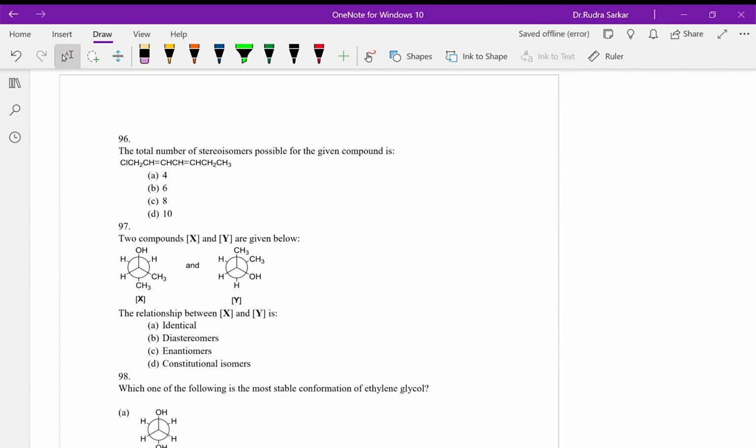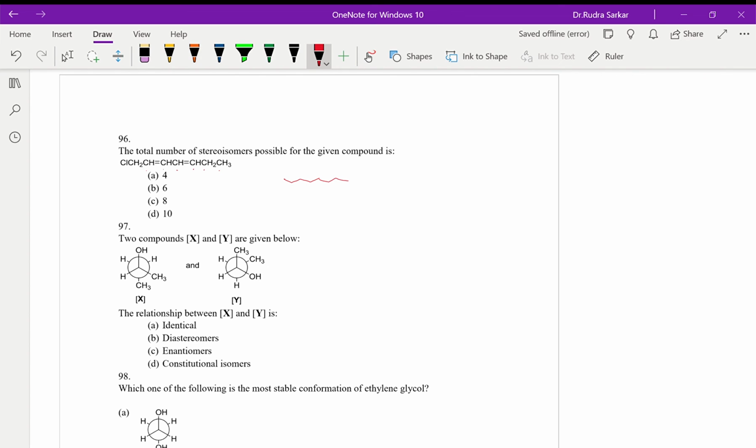Total number of stereoisomers possible for the given compound, we have to find out. So if we check this particular molecule by writing the formula down, we can see it is 1, 2, 3, 4, 5, 6, and 7.